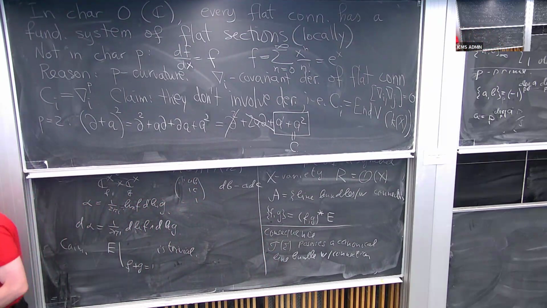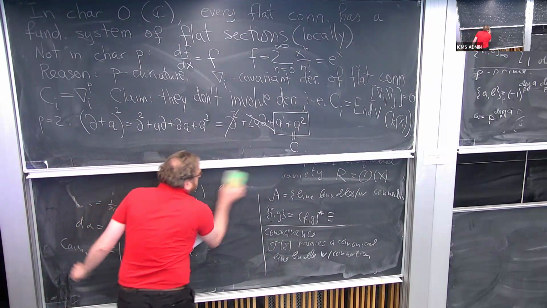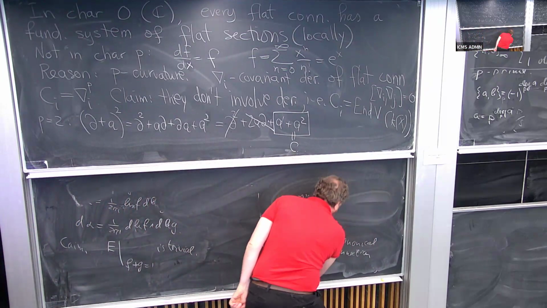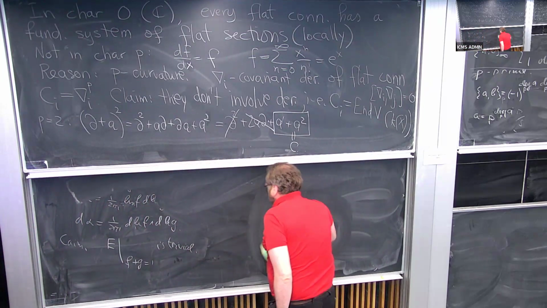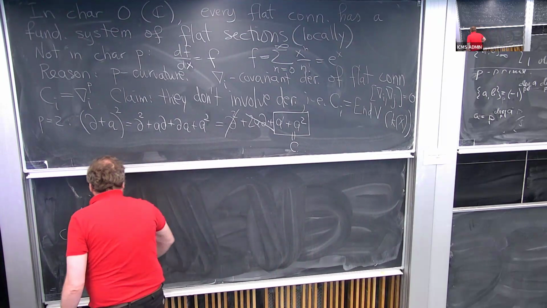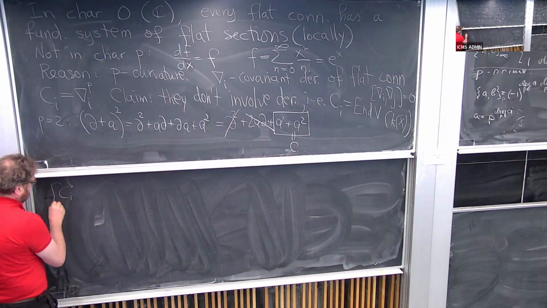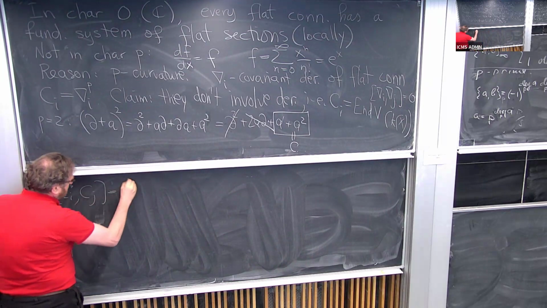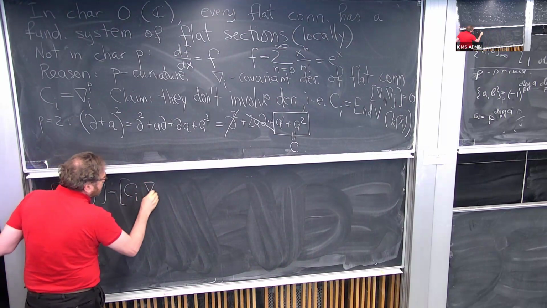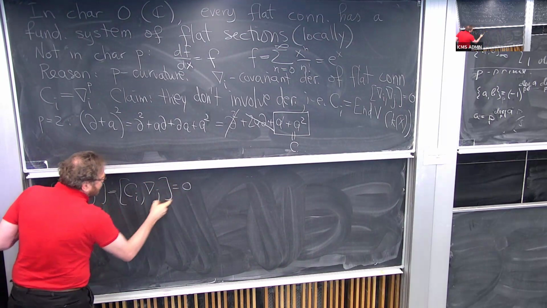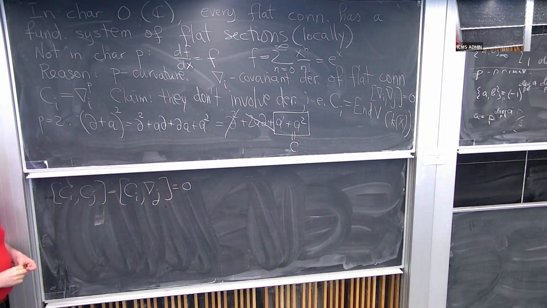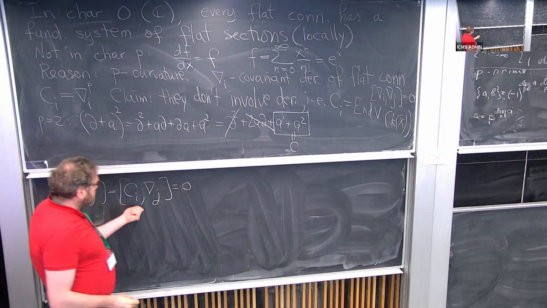And so these C's are just matrices, and they commute with each other. And they also commute with the connection. So this, in fact, implies this.